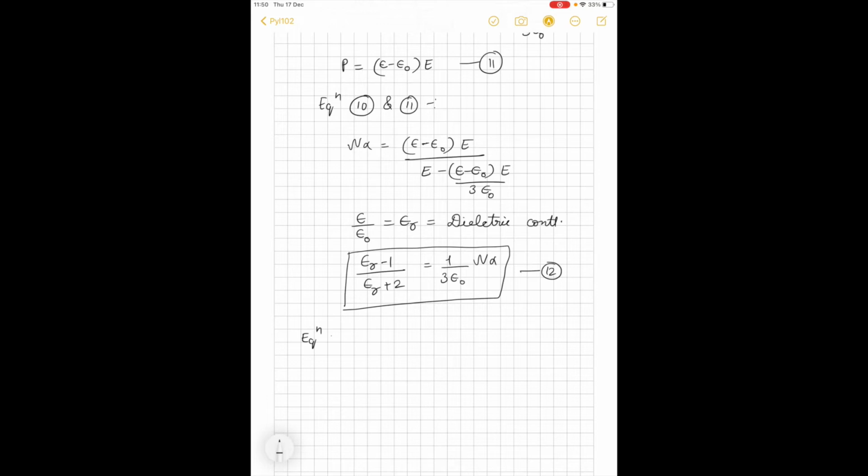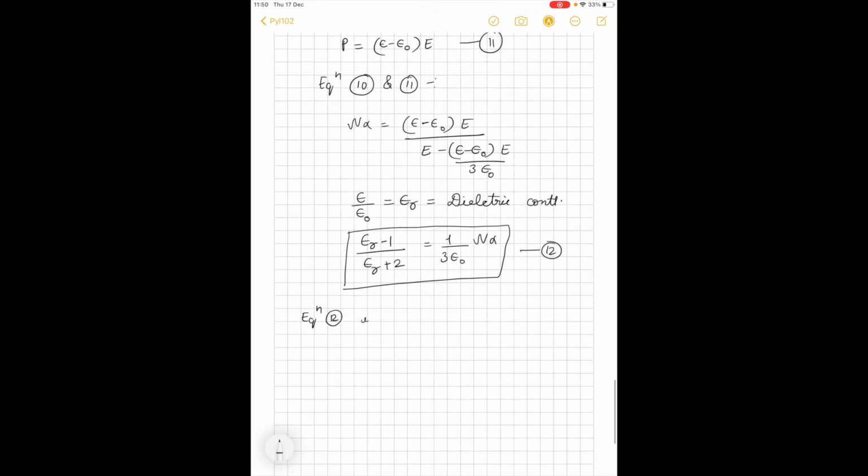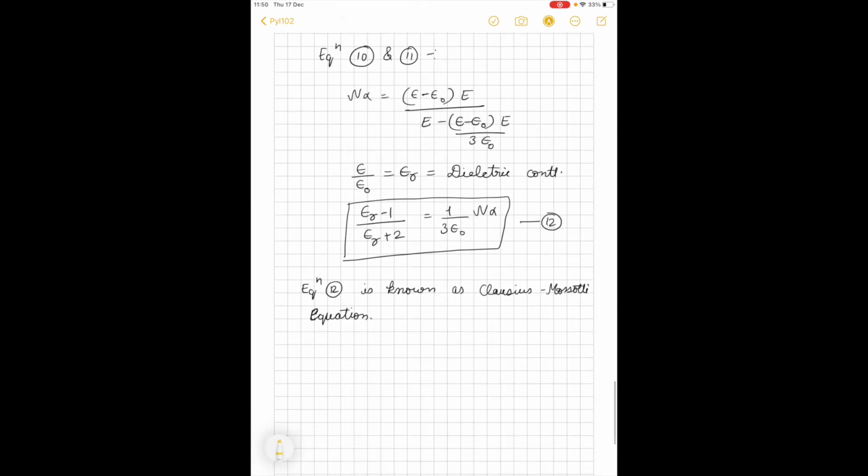I'll call it equation number 12. So equation 12 is known as the Clausius-Mossotti equation. I'll tell you why it's really famous. This is the Clausius-Mossotti equation. This equation is popular because it describes the relationship between the dielectric constant, which is epsilon r, and just to tell you, epsilon r is a macroscopic quantity.